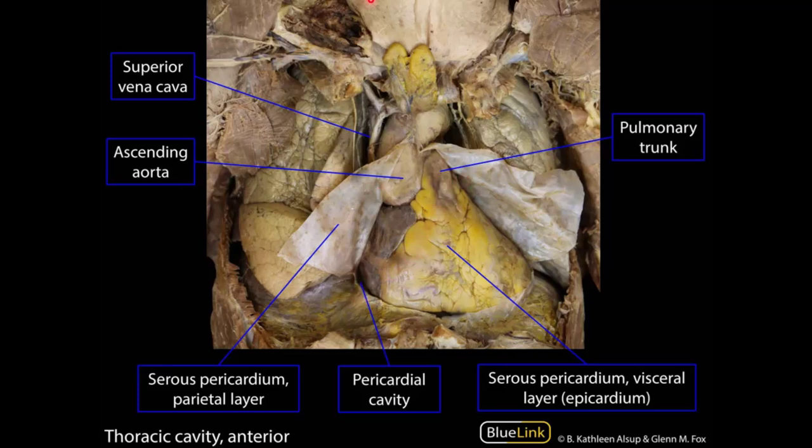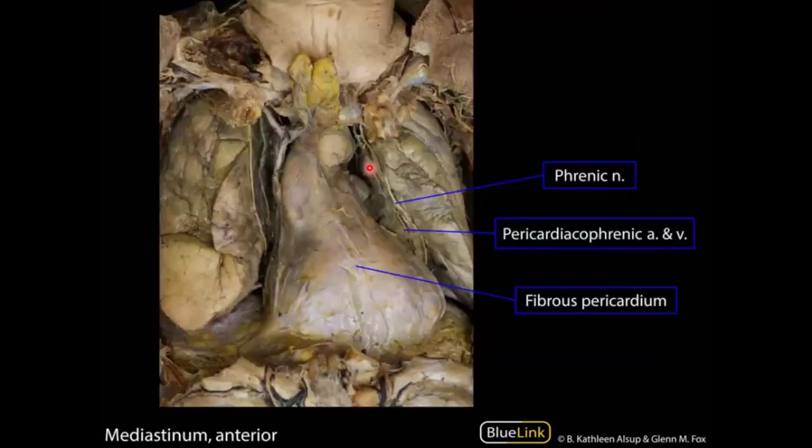So these are the great vessels. You can see the superior vena cava being formed by the right and the left brachiocephalic veins at the level of the first costal cartilage, and then it pierces the fibrous pericardium. It has been hidden from view. Let me go back.